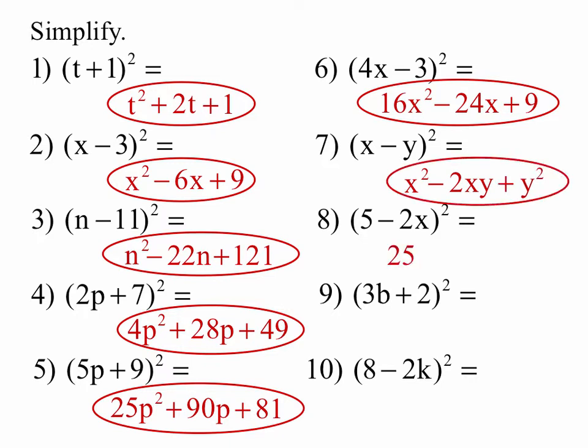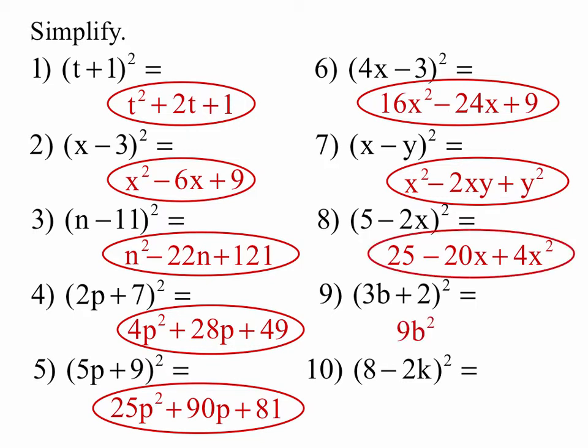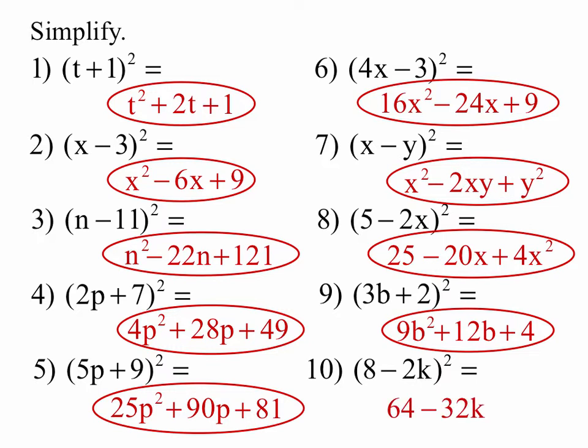Number 8, 25 minus 20x plus 4x squared. Number 9, 9b squared plus 12b plus 4. Number 10, 64 minus 32k plus 4k squared.